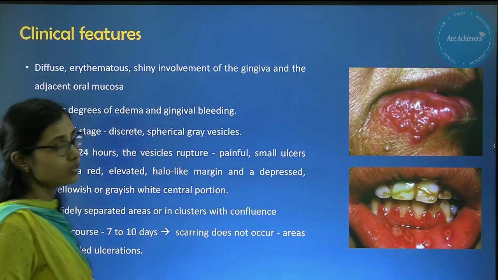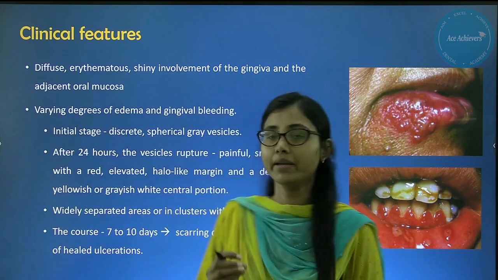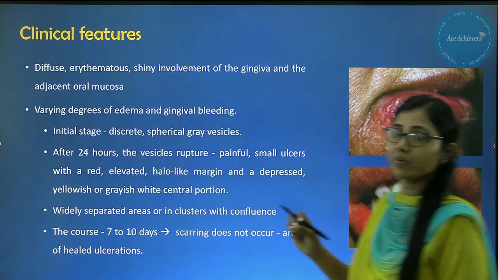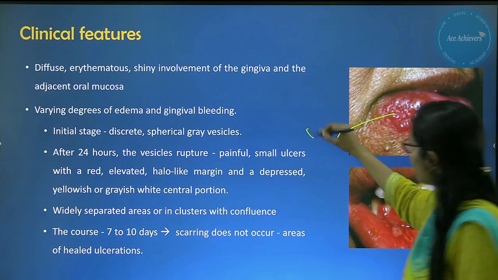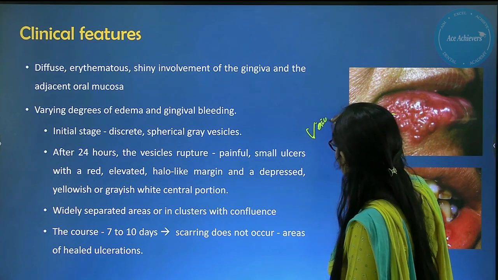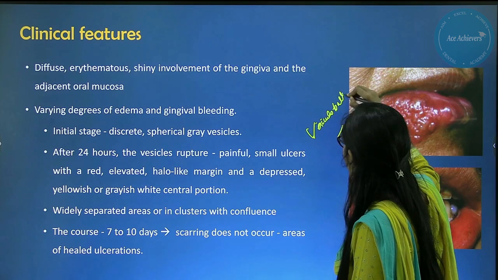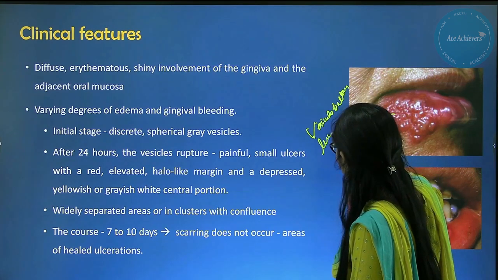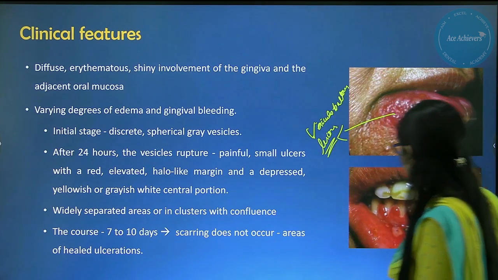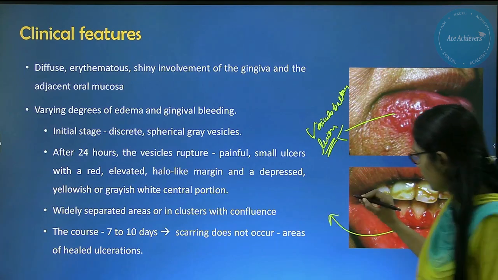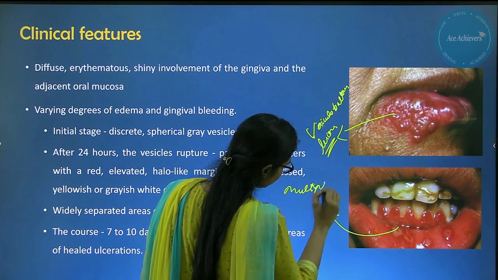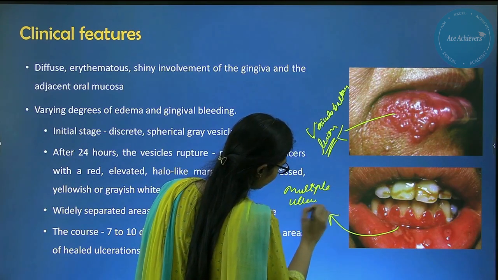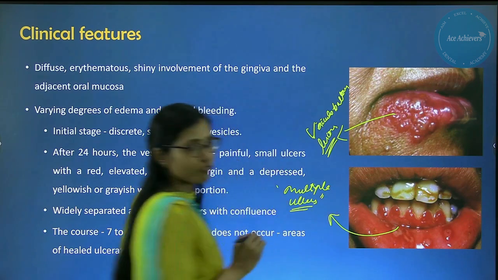Now, when we see the clinical features of primary herpetic gingivostomatitis, there are going to be classic vesiculobullous lesions. Okay, and there is going to be formation of multiple ulcers due to the rupture of the vesicles.